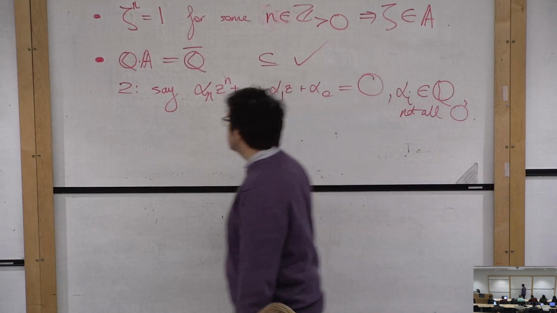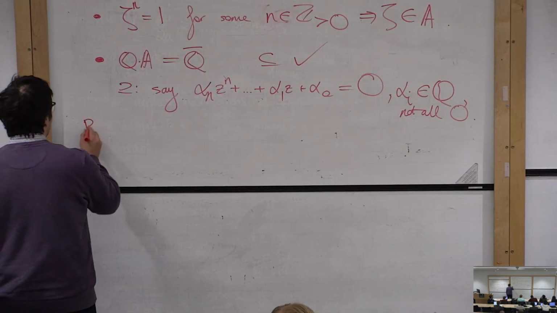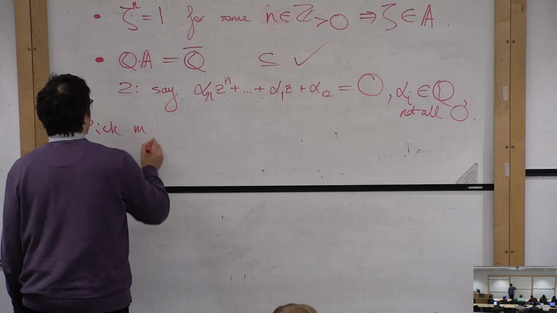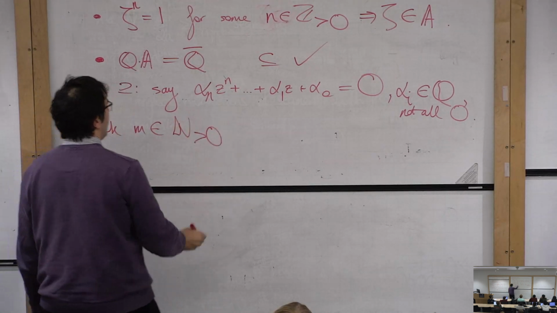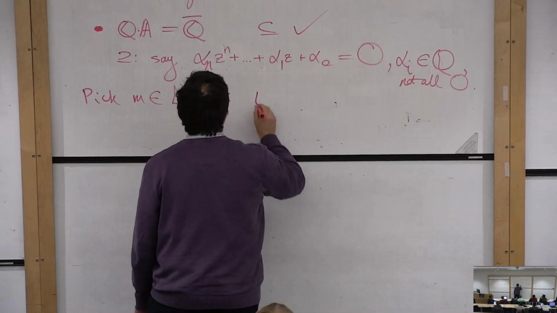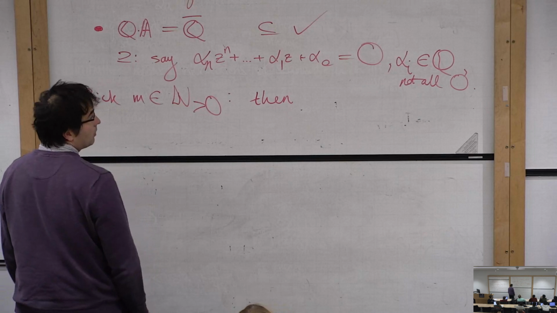And then if I multiply this through by m to the n, pick m, some gigantic positive number, and multiply through by m to the n, and maybe even m to the n plus 1, why not?